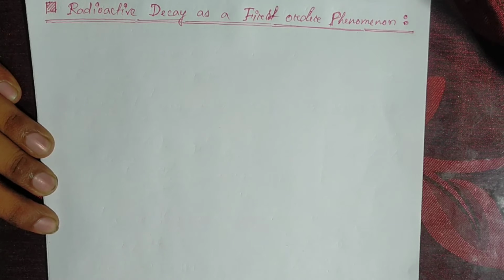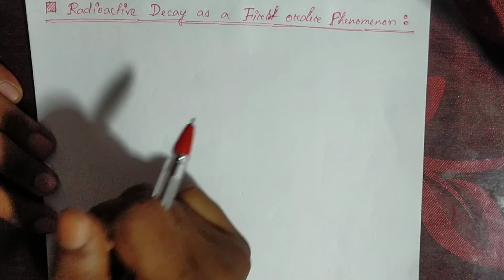Those minute particles are like alpha, beta, gamma, and those substances from which alpha, beta, gamma particles separate are called radioactive substances. Those particles continuously separate, and that's why radioactive decay occurs. So now we are discussing radioactive decay as a first order phenomenon.